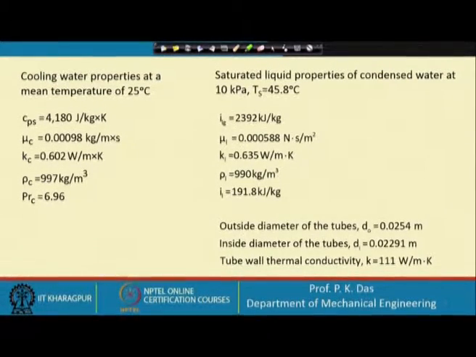So, due to this change in property, the heat exchanger calculation ideally becomes non-linear and which is difficult to handle. So, in many cases the non-linearity is so high that we have to handle it accurately and probably we have to go for numerical solution.